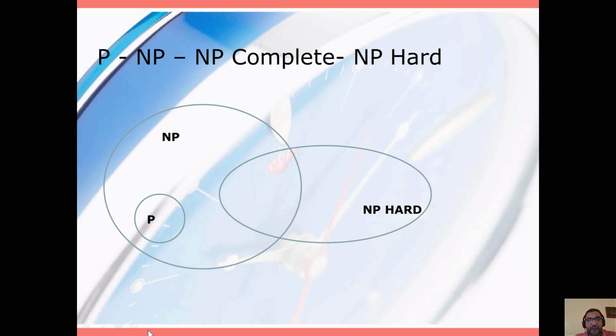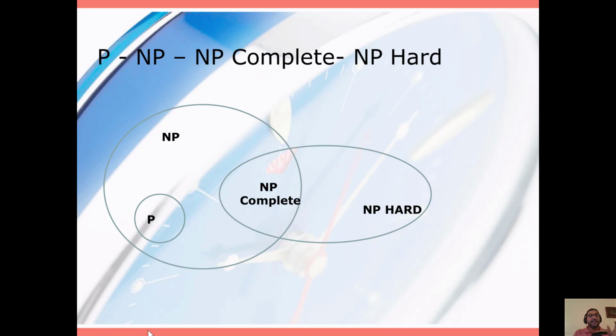And if they are equal, then we come to NP-complete. So basically, NP-complete is the intersection between the NP-hard problems and the NP problems. So we can say the easiest one is P, the harder is NP, the harder is NP-complete, the hardest is NP-hard.